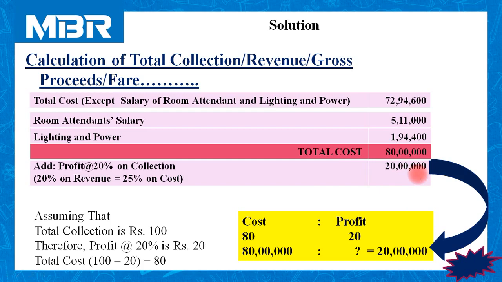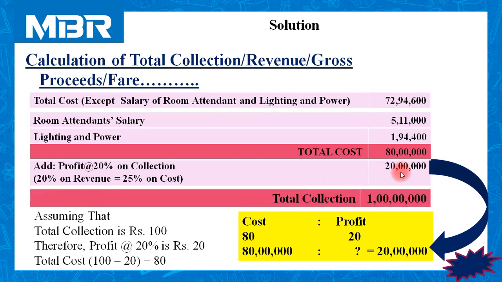But if you are not clear about this direct calculation, you can use the theory of assumption. The choice is yours. You can apply any way to calculate the amount of profit. Ultimately, it remains the same.